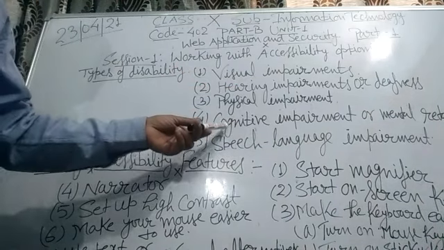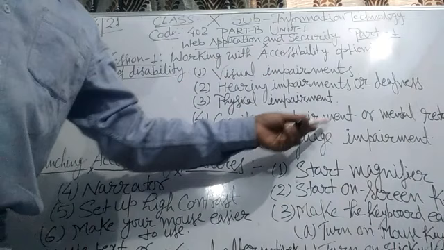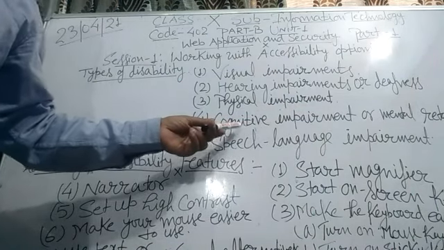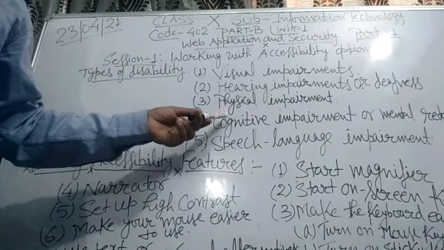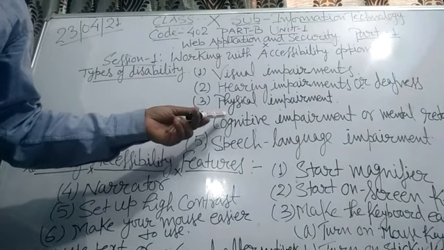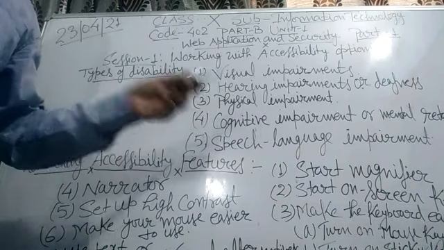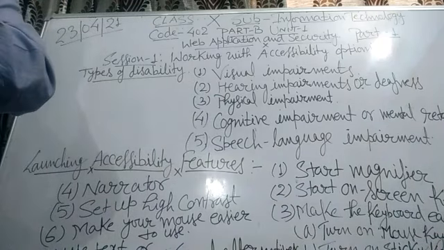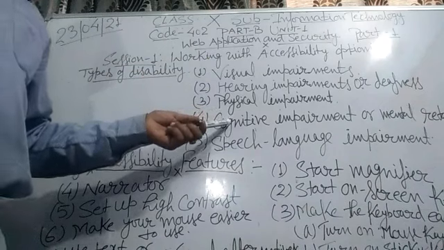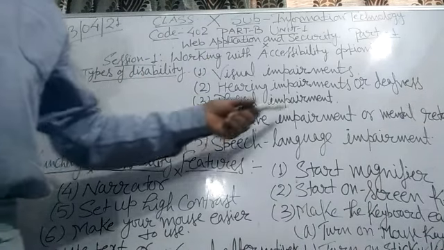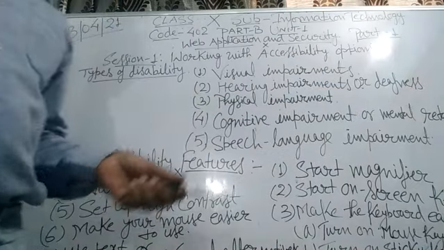Next is cognitive impairments or mental retardation. This type of person has defects in memory, perception, problem solving, conceptualization and attention. Such persons come under cognitive impairment or mental retardation.